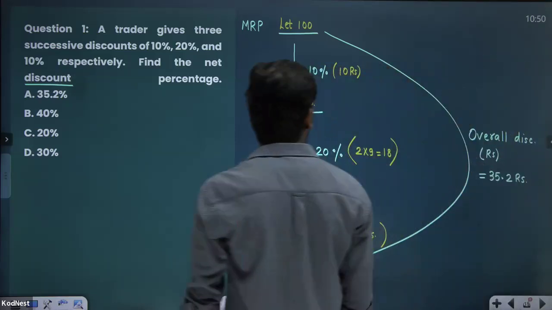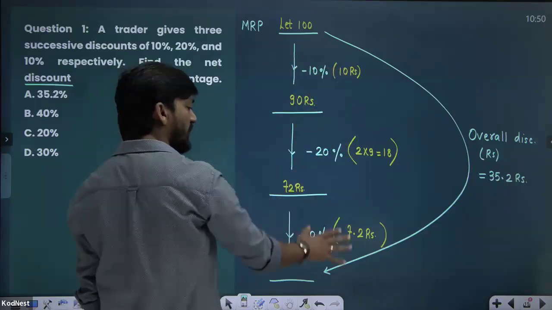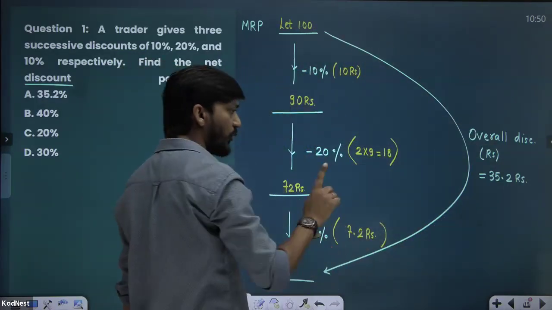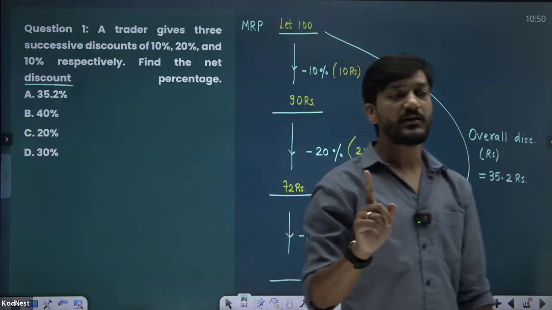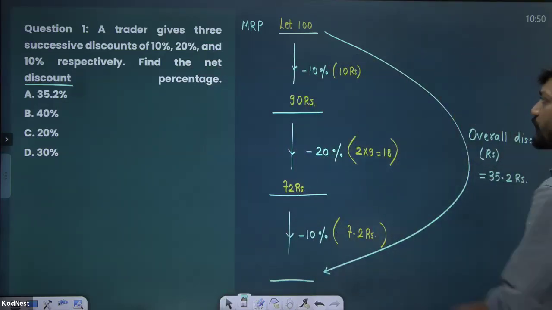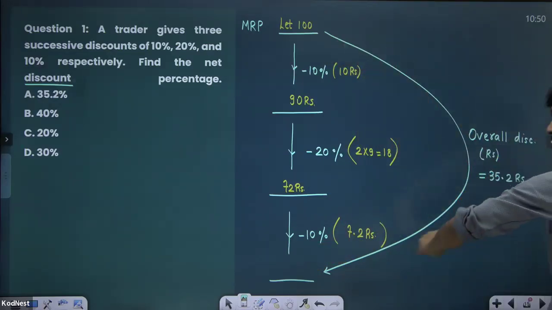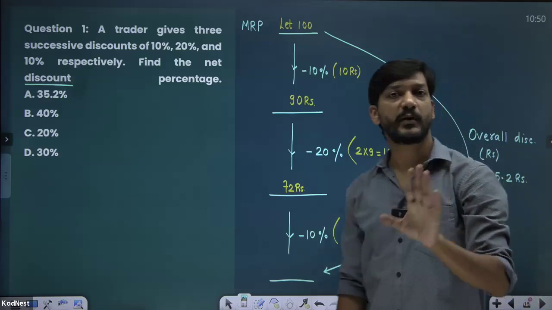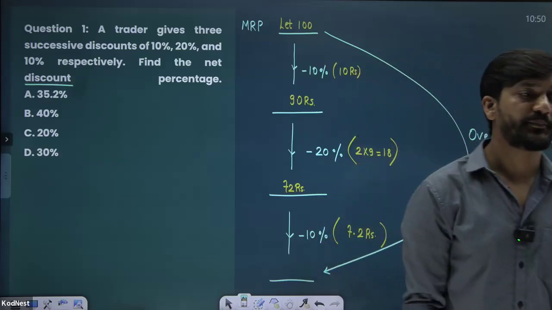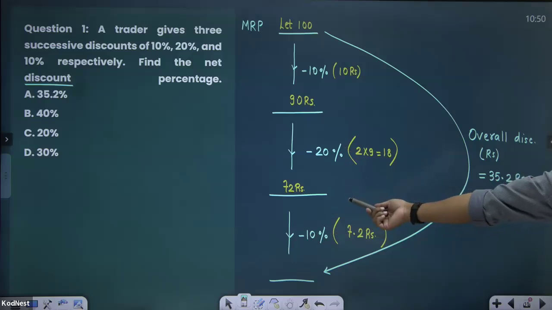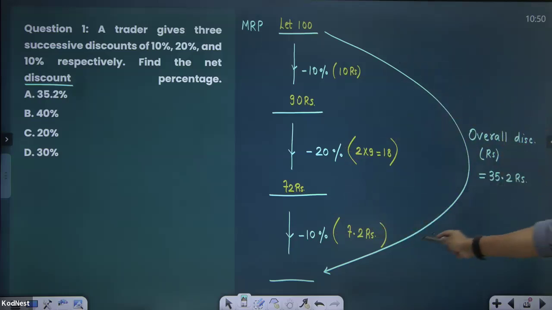Okay. Now don't think three discounts are given. Think only one discount is given. Only one. Carefully answer one thing. If you get three discounts or if you get only one discount, the situation will be same or not? Carefully answer. Three discounts making a total of 35.2 or a single discount of 35.2.